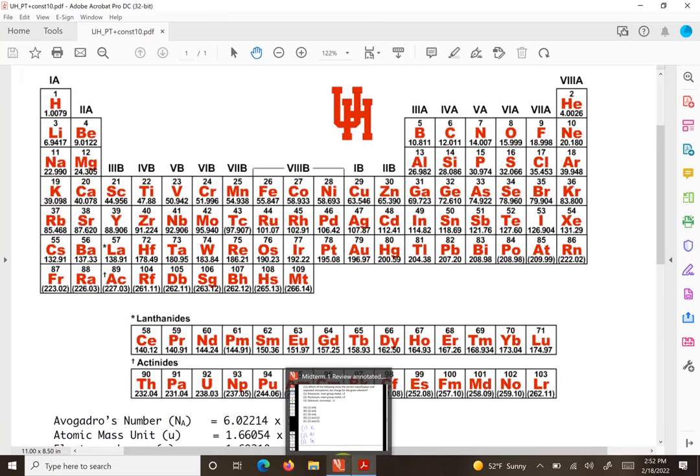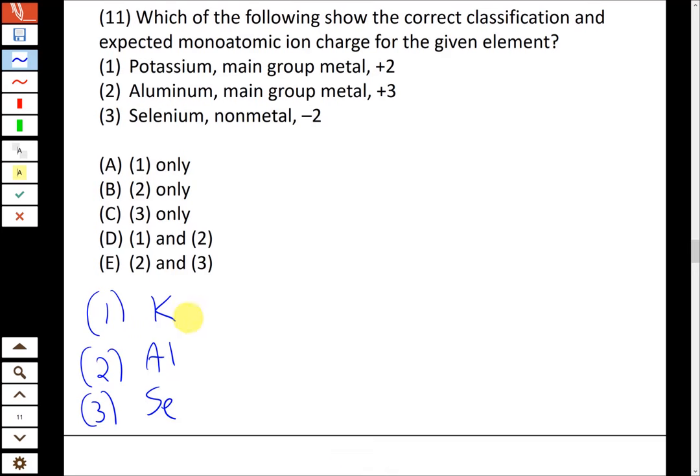Going back to the answer choices, potassium is a main group metal, or more specifically an alkali metal, but the charge it forms is +1 because it's in that first column. Here the charge is given as +2, so that part is incorrect, and we're not going to choose choice 1.